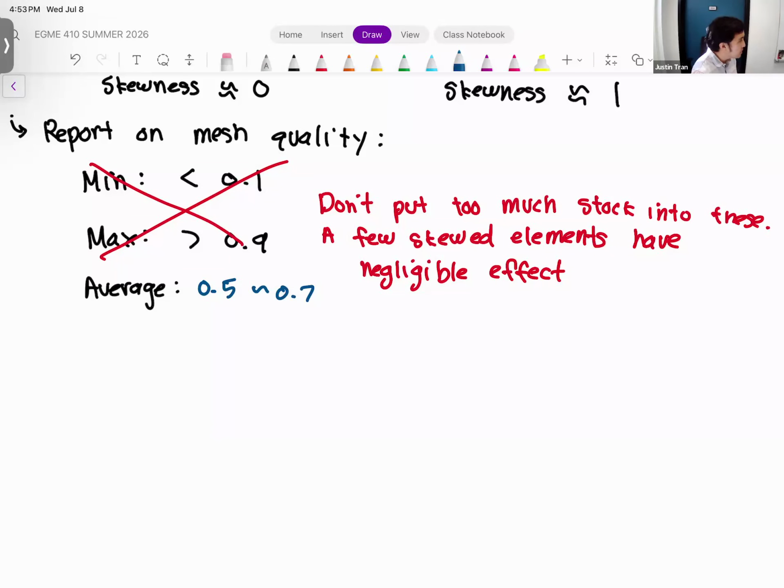The lower means that generally you have higher quality elements. But even if your average skewness is getting up to like 0.7, I wouldn't panic too much about that either. So the average is a bit more helpful. If you see that the average is very high, you know that maybe overall you need to refine your mesh. Because generally speaking, as you refine your mesh, as you make your elements smaller, it does improve the skewness.